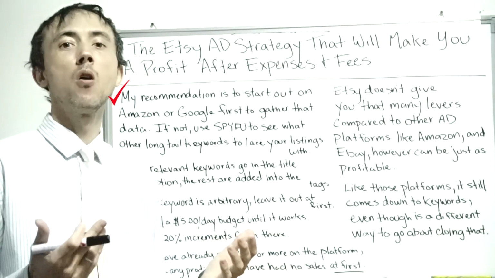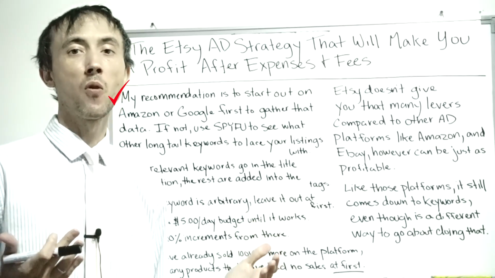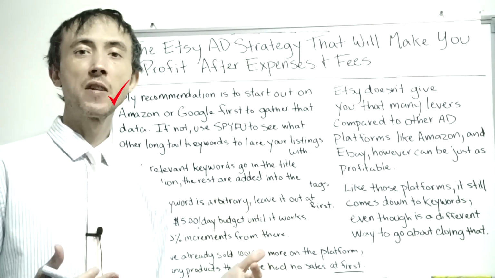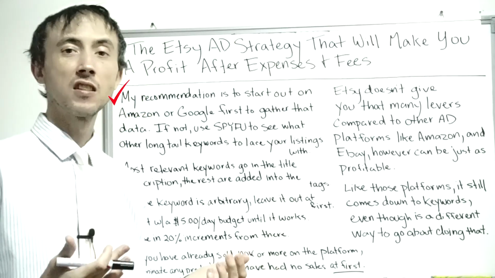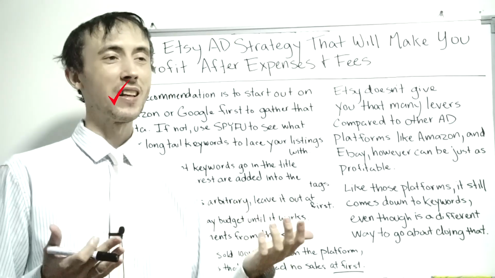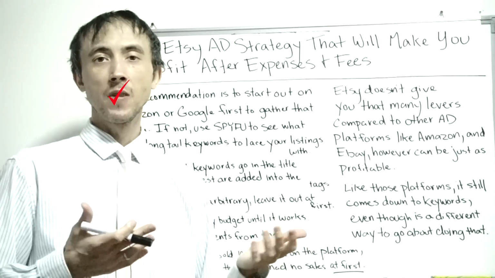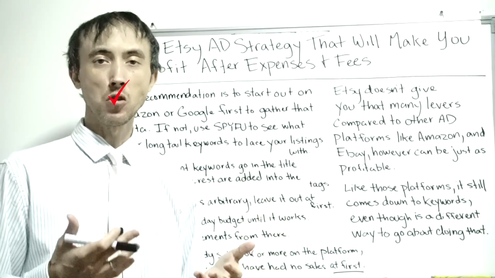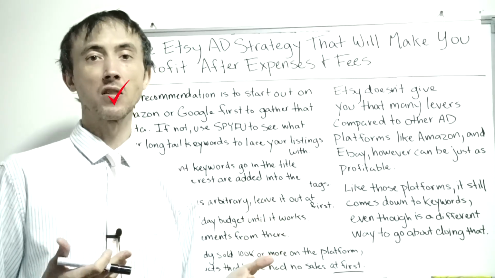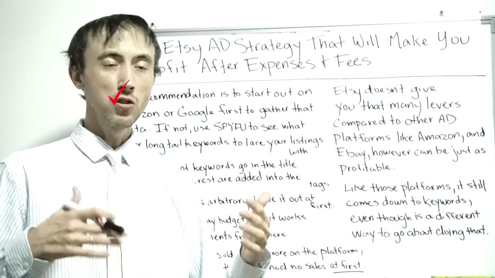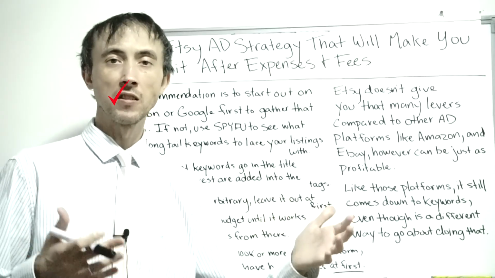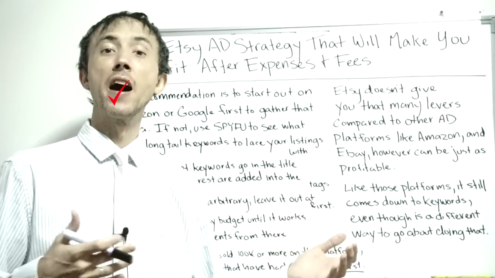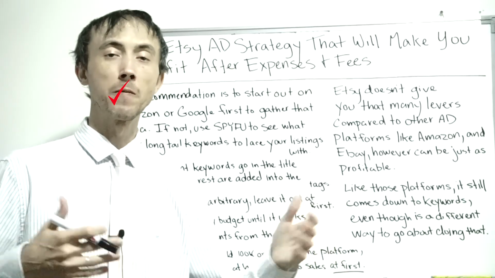And so how do you know what keywords you should show up for on Etsy if you don't have the data? Of course, you can kind of guess, but no matter how intuitive you are about your customer base and your products and what problems they solve, you're still not going to be able to guess all the things you should show up for on the Etsy platform for your ads.